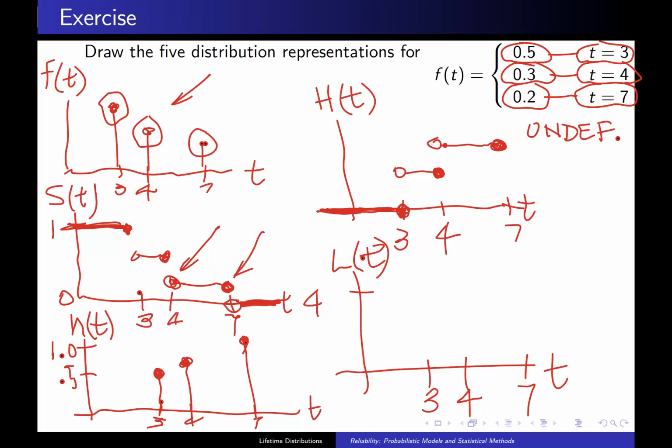So the mean residual life is going to start out at 4.1, and then it is going to go downwards, by the way, at a slope of -1 until you get to 3, and if it survives that, then its mean residual life goes up. It again goes down at a slope of -1 until it gets to here. And then finally, at this point, it comes up again and goes down until it bumps right into 7, and that's where it ends. That is the mean residual life function.